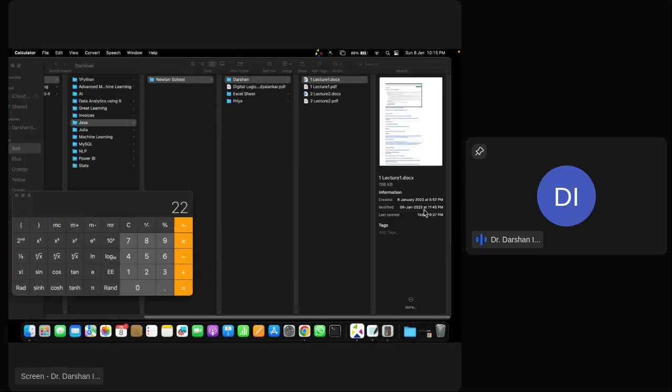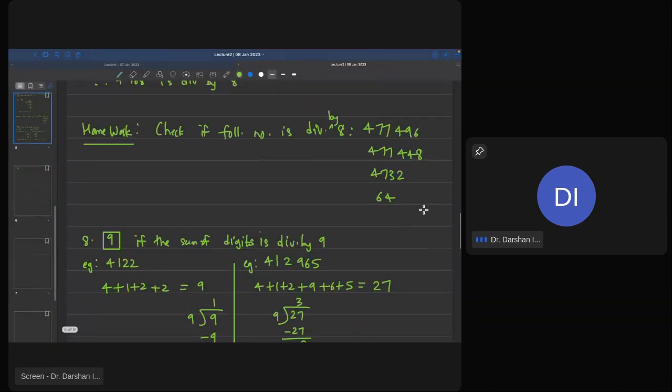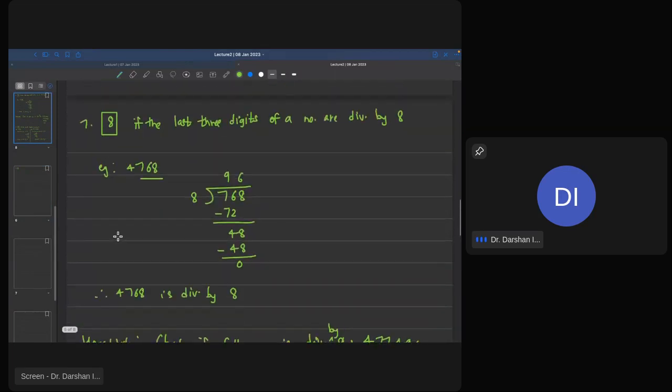Point number 7, you asked it, right? Going back, this is point number 7: divisibility test by 8. How do you know whether a number is divisible by 8? You have to see whether the last three digits are divisible by 8. So in 4768, 7, 6, 8 are the last three digits.